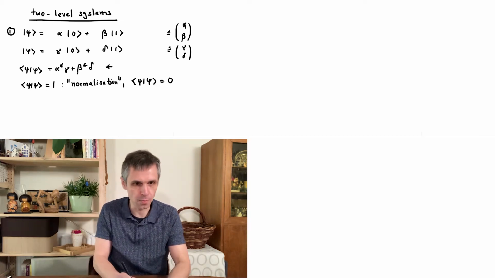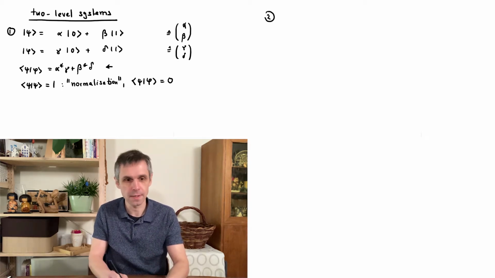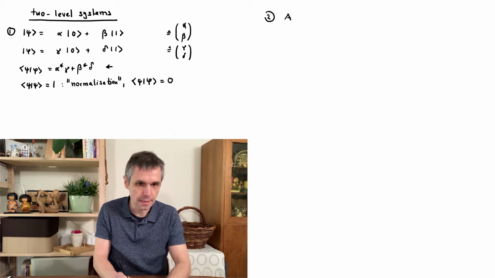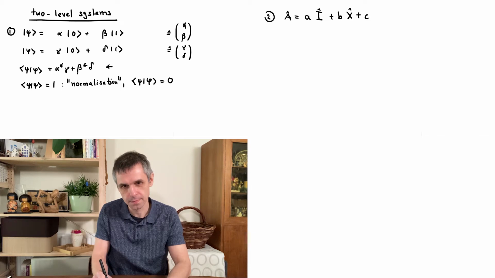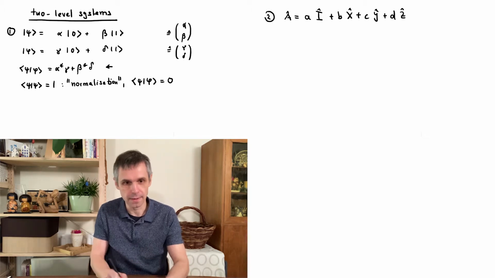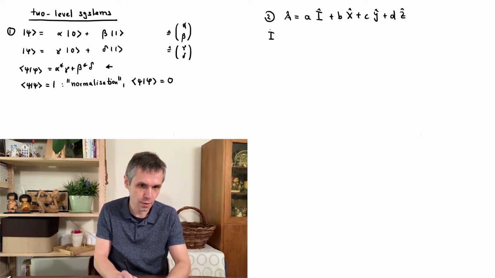Next we turn to the observables. Well, these need to be linear Hermitian operators, and these then can again be written in terms of 4 elementary operators. The identity operator and 3 operators related to the Pauli matrices. And now let me write these down in Dirac notation.